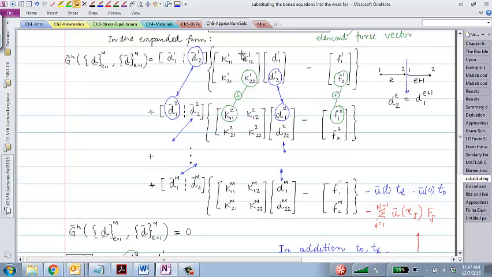For element 1, I get a 2 cross 2 matrix, 2 real displacements. So for example, if this is element 1, I get node 1 of element 1, node 2 of element 1, node 1 of element 2, and node 2 of element 2. So these are the virtual displacement coefficients. These are the real displacement coefficients.